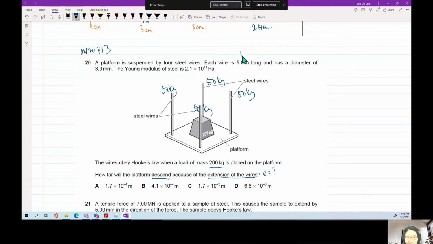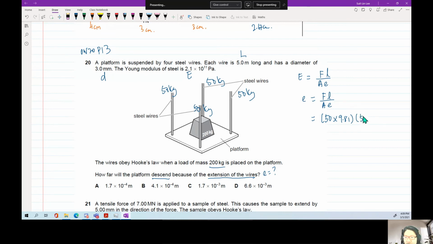Okay, we have L, we have D, and we have the Young modulus E. Substitute only. Young modulus is F L over A e. So I want to find extension. I'm just going to rearrange a bit so the pressing will be less pain. So force here is 50 kg for each wire, so this is 50 times 9.81. Remember to convert to mg because it's force.